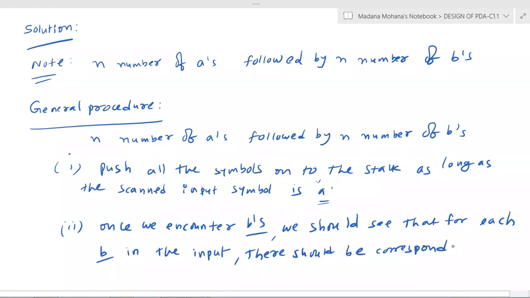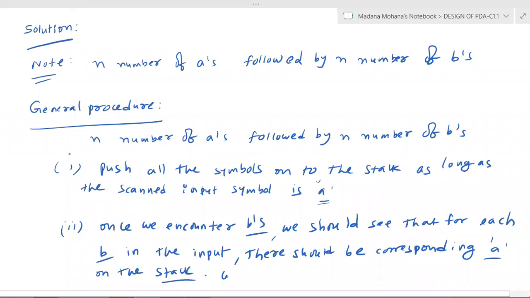This corresponding a should be present on the stack.